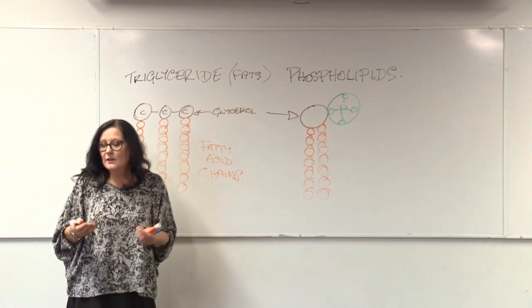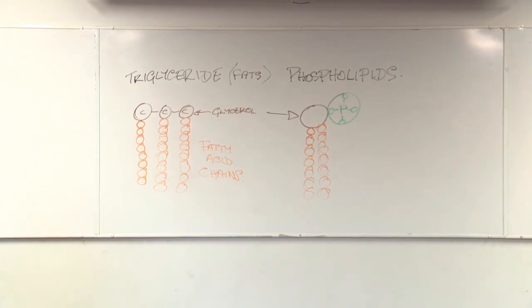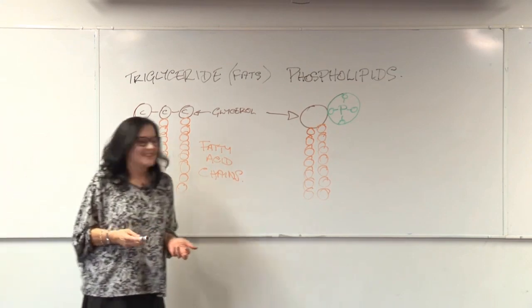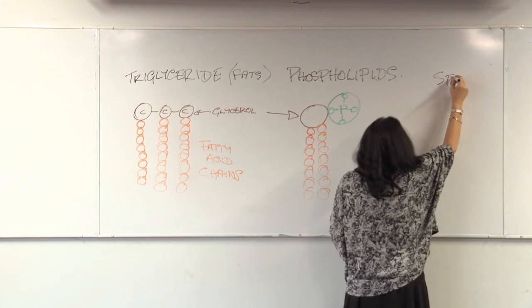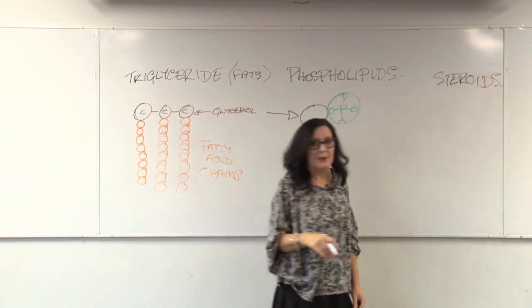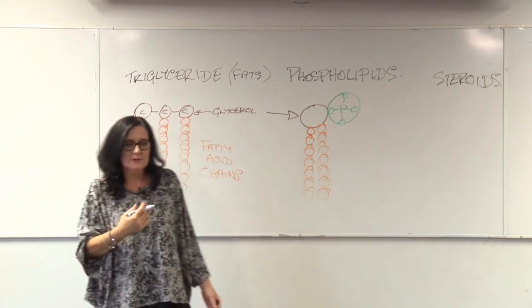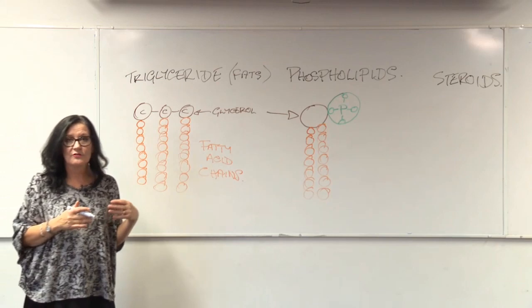Okay, so the one that we haven't talked about, and don't I just love drawing this, are steroids. Basically we have different types. Most of them are hormones, but also bile acids, cholesterol.